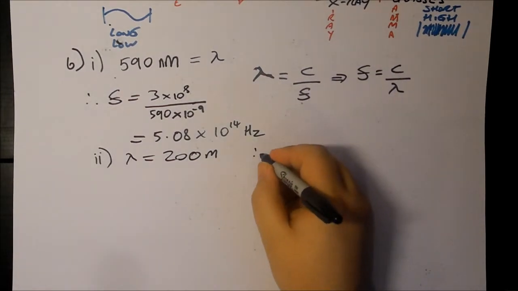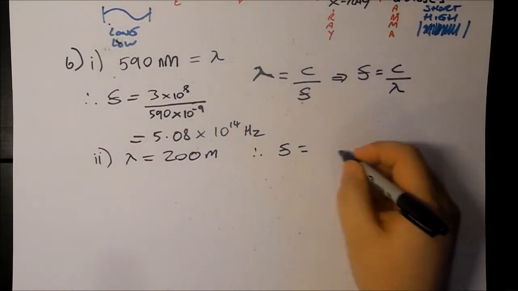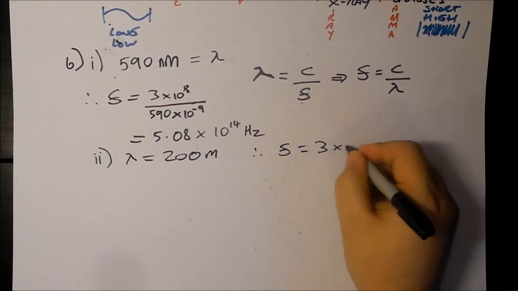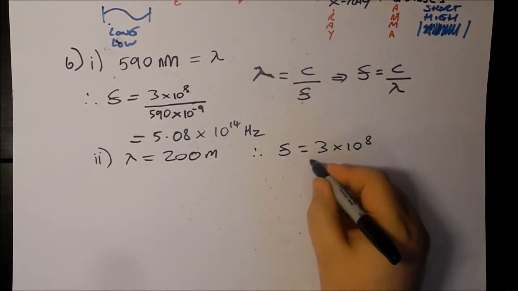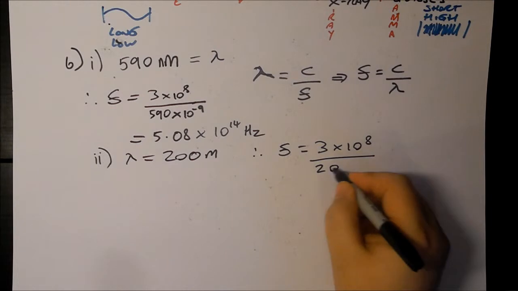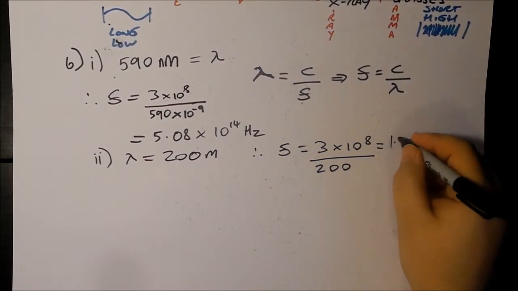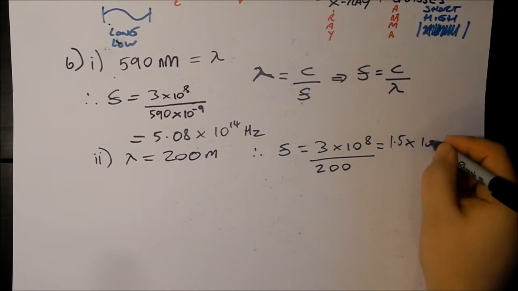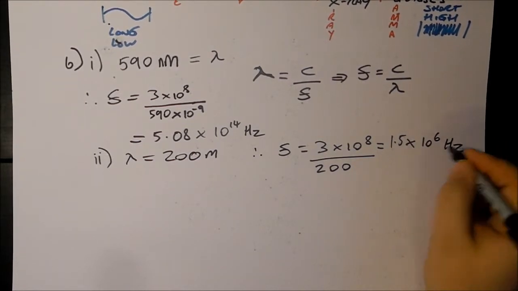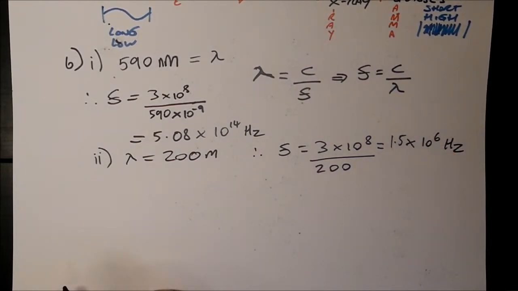And then we can say therefore frequency is equal to, again, 3 times 10 to the 8 for speed of light divided by 200. And you should get an answer of 1.5 times 10 to the 6 hertz. Much lower frequency, which we expect for radio waves.